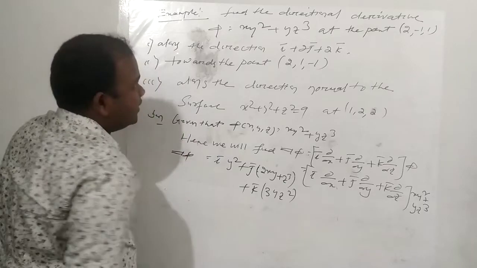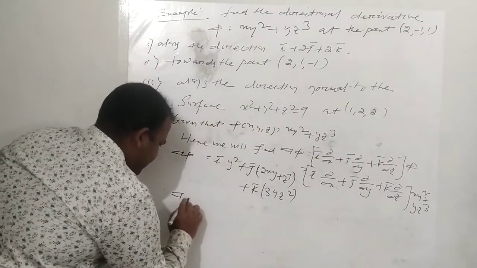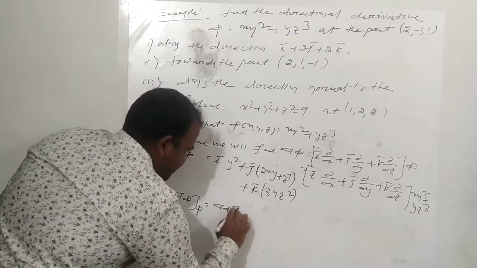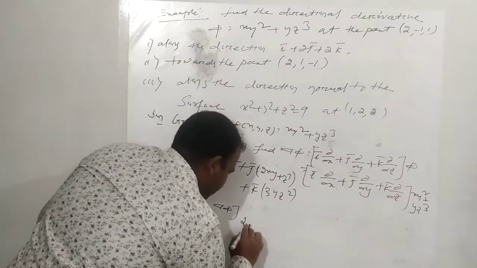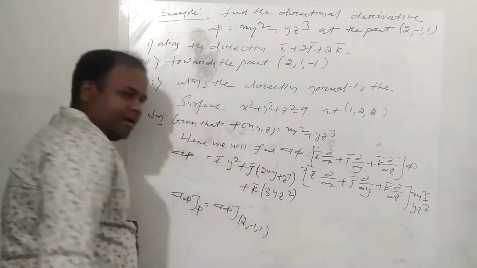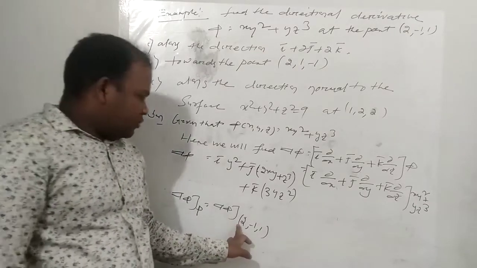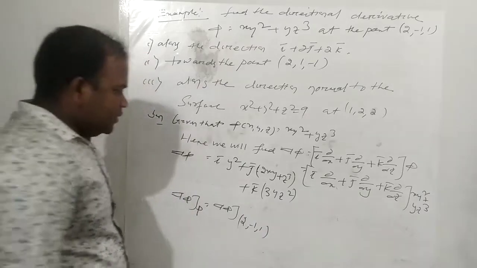This is the value of del phi at the particular point P (2, minus 1, 1). So x equals 2, y equals minus 1, and z equals 1.